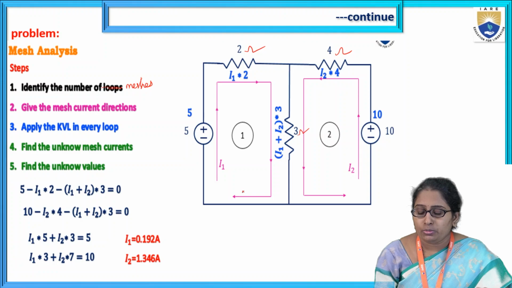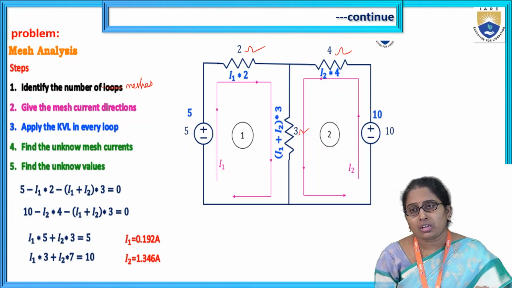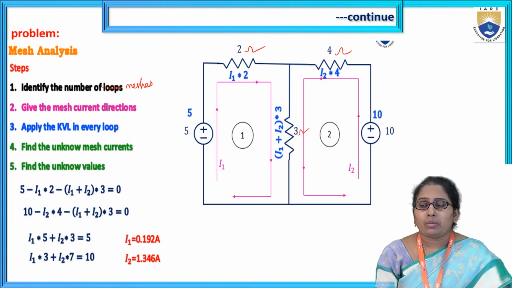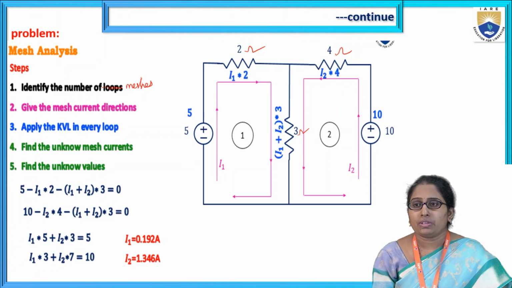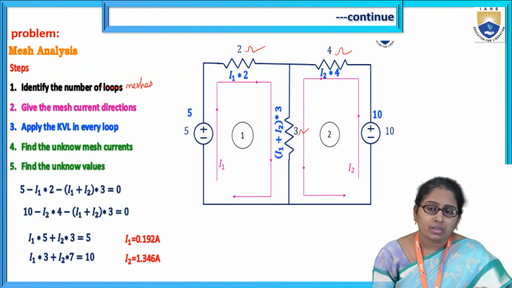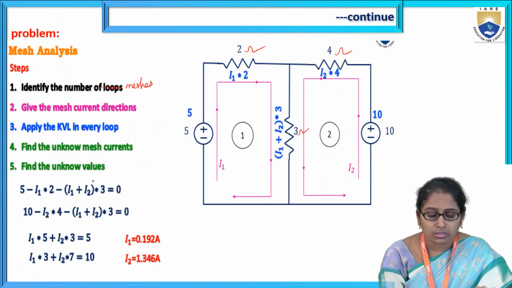I2 starts from here, goes through the mesh and comes back to the starting point. So those are the assumed directions. Now apply KVL, write the equation in each mesh and solve them.